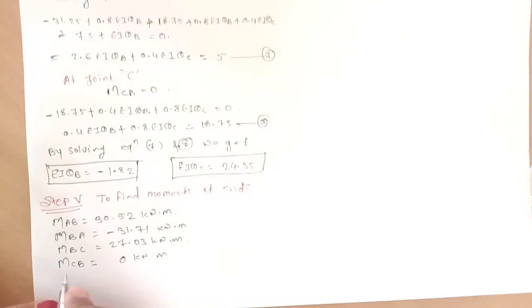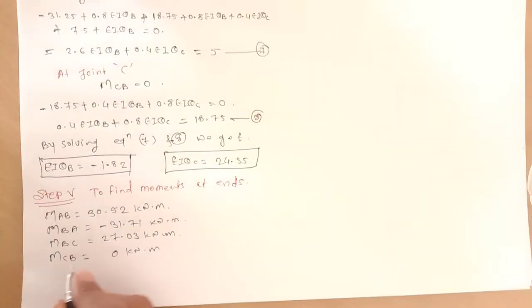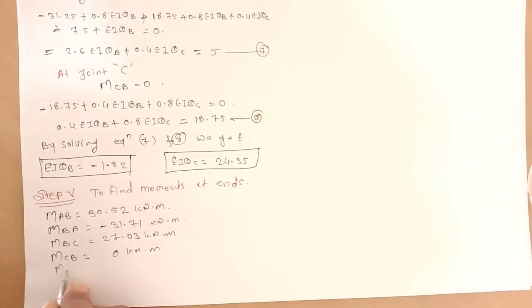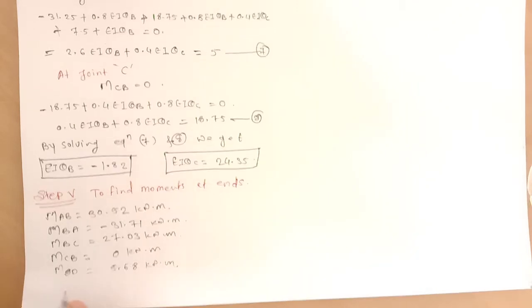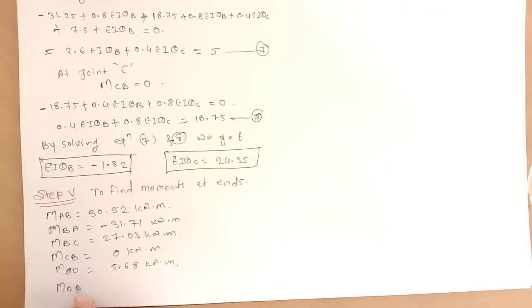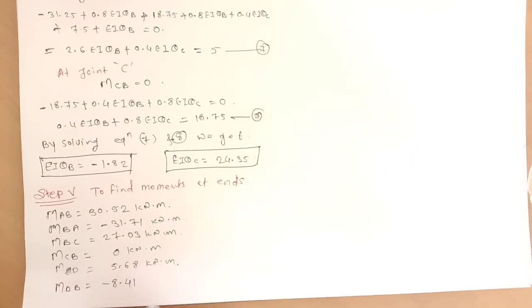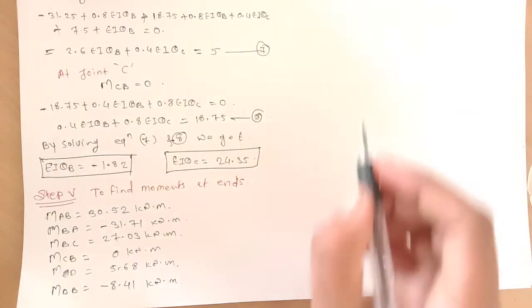And the last member, end moment at member BD is equal to 5.68 kilonewton meter, and end moment at member DB is equal to minus 8.41 kilonewton meter. Okay, these are our end moments.